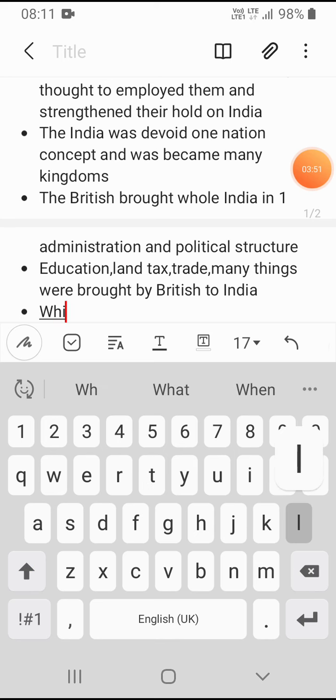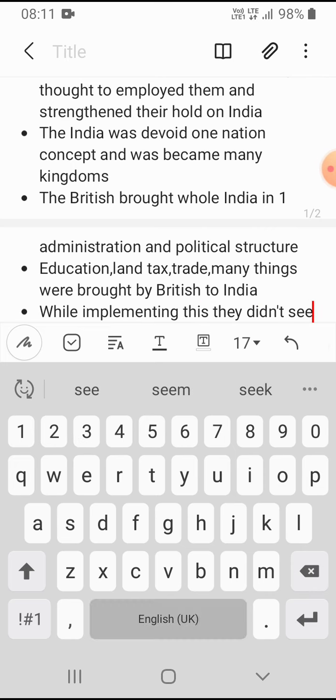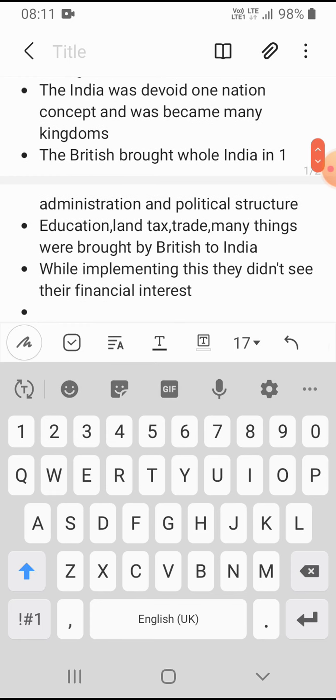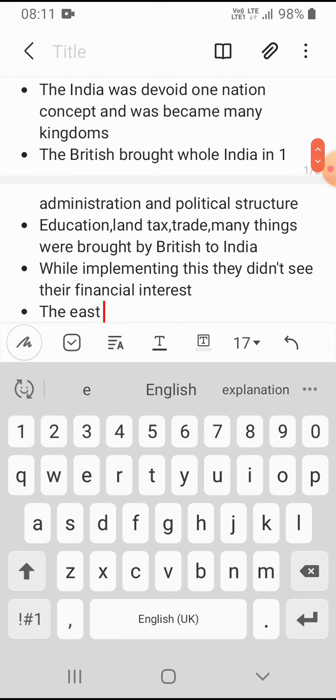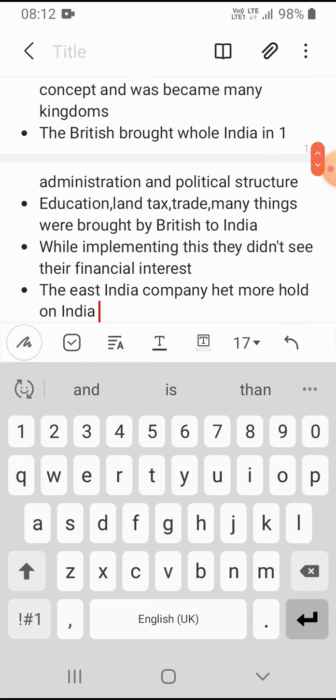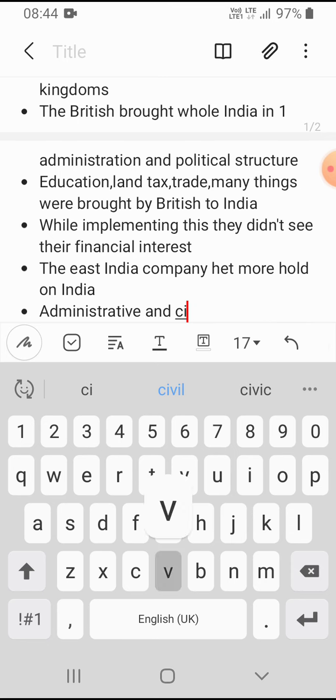While implementing this, they also saw their financial interest, as well as the East India Company getting more hold on India, through the administrative and civil system of the British.